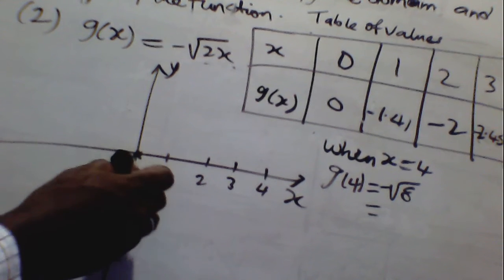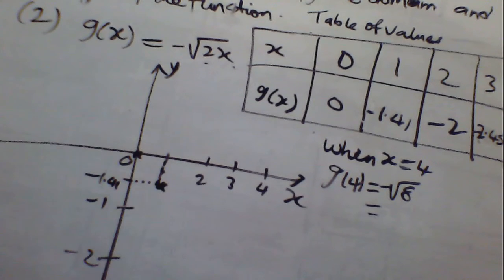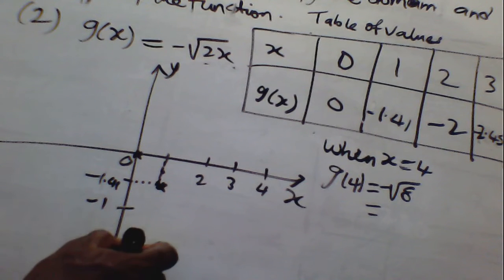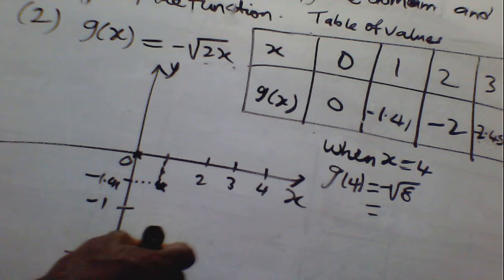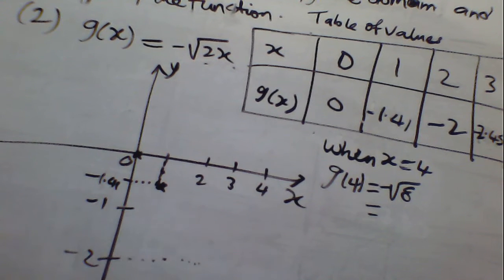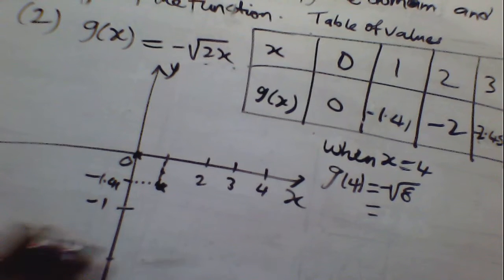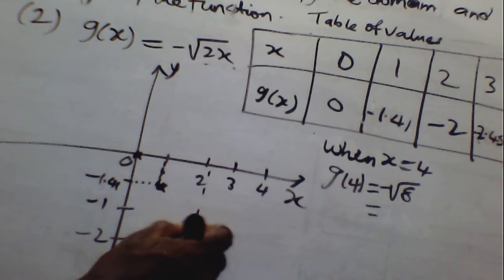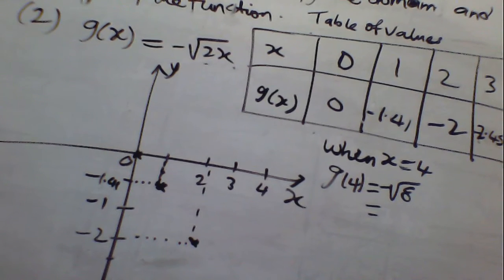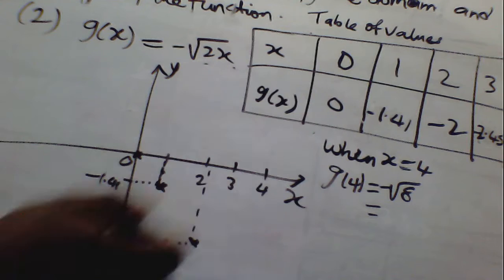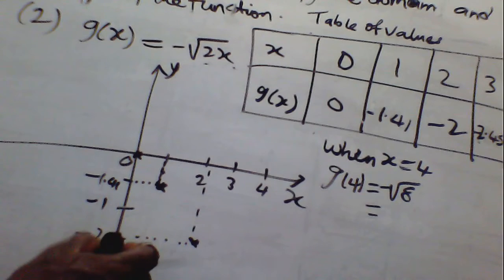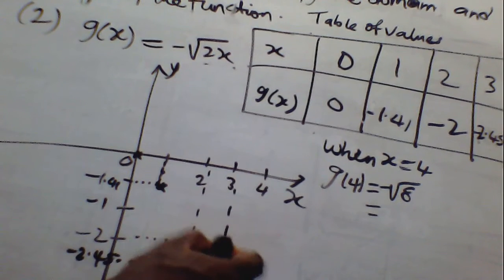When x is 2, g of x will be minus 2. It will be here. Let me bring this up a bit because of limited space. When x is 3, it will be negative 2.45. Let it be here.